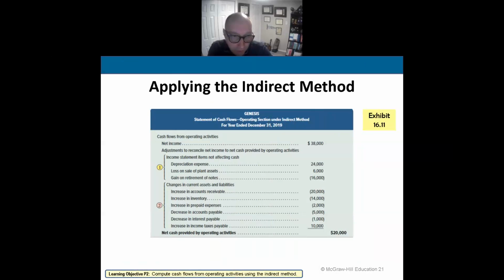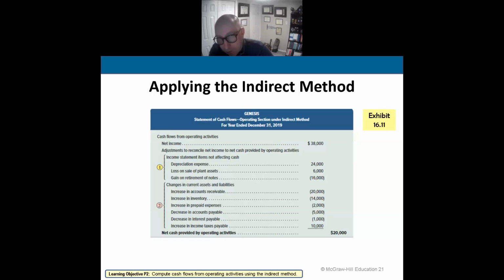So here's how it looks. Net income plus or minus, depending on what kind of account we're looking at: depreciation expense, loss on sale of plant assets, gain on retirement of notes. Then the changes in current assets and liabilities: change in accounts receivable, inventory, prepaid expense, accounts payable, interest payable, income tax payable, equals the net cash provided by operating activities.